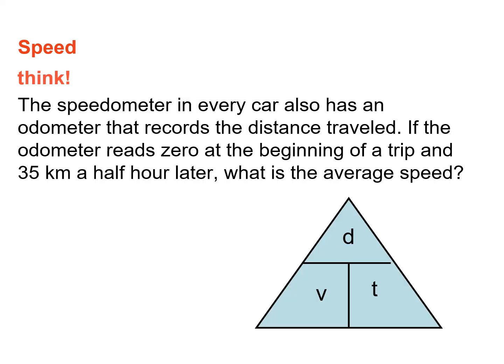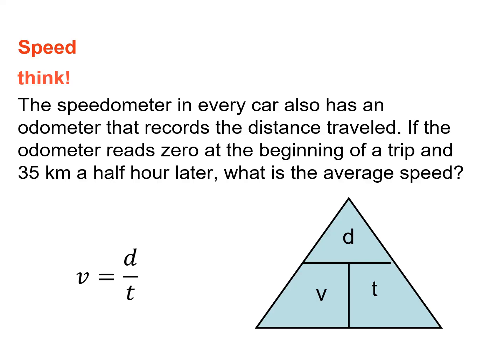If we look at our magic math triangle, what we are trying to calculate is speed. So we pull the v out. That leaves the d over the t. So our equation is speed equals distance over time. Now we can substitute in our values.